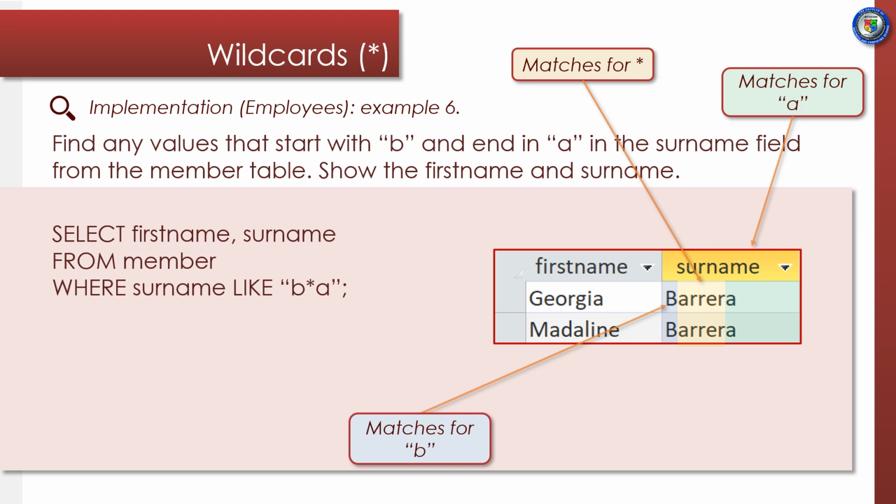In this case, we have Barrera for both matched returns. Our return surnames can have different lengths as long as they start with B and end with A.